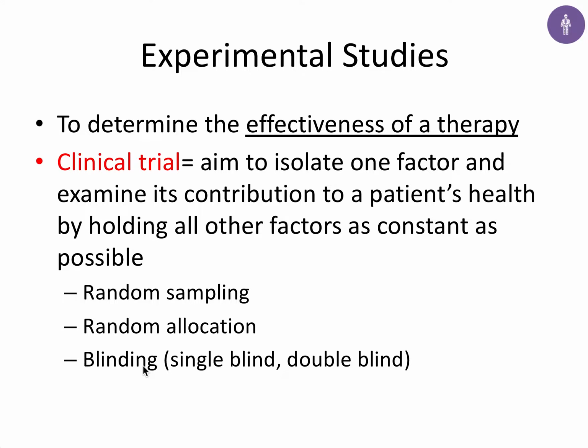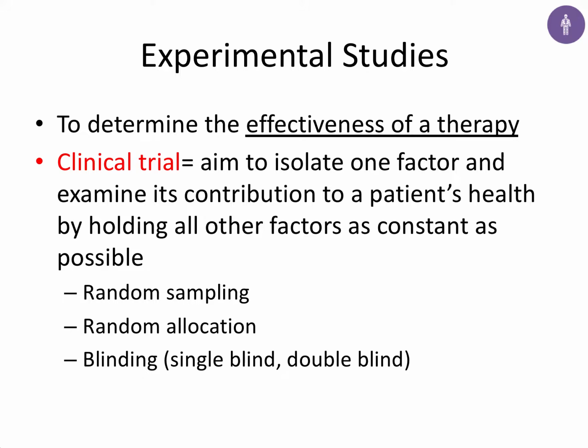And blinding is another great method for creating an ideal clinical trial. Blinding means concealing allocation information to minimize the biased assessment of outcomes. So a single blind study means that the participants or the subjects are blind to what group they're in.